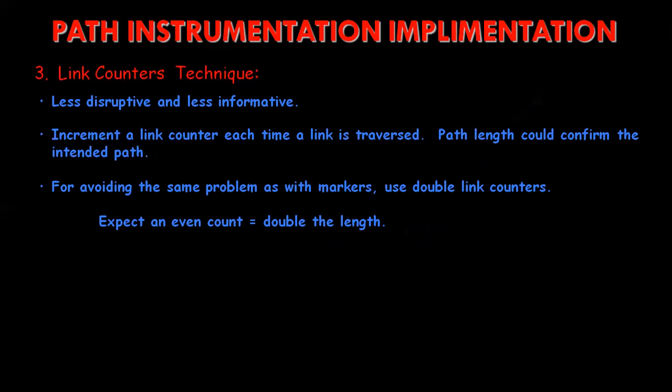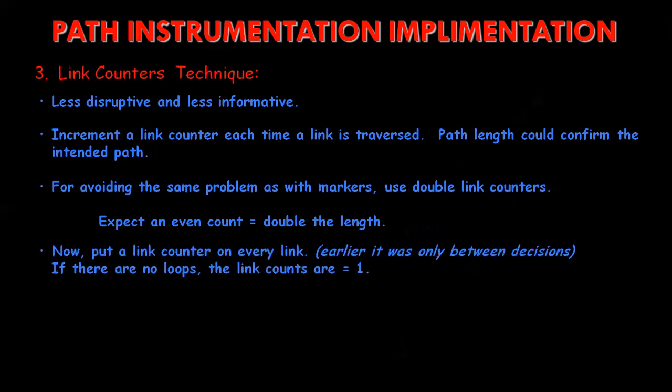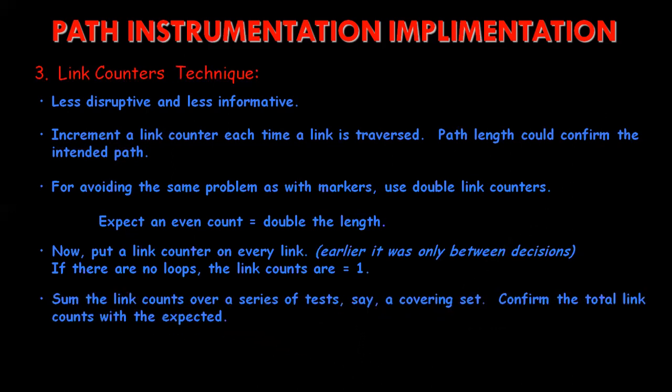And we have to see whether the input link counter of every decision is equal to the sum of the link counts of the output links for that decision. We also have to see whether the sum of the input link counts for a junction is equal to the output link count for that junction. And do the total counts match the values we predicted when we designed the coverage test set?